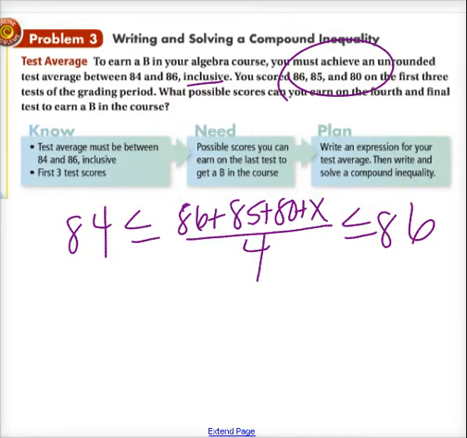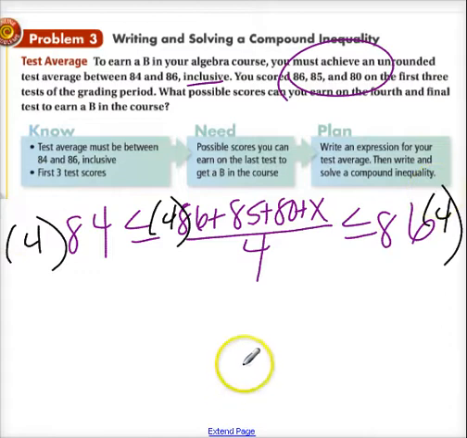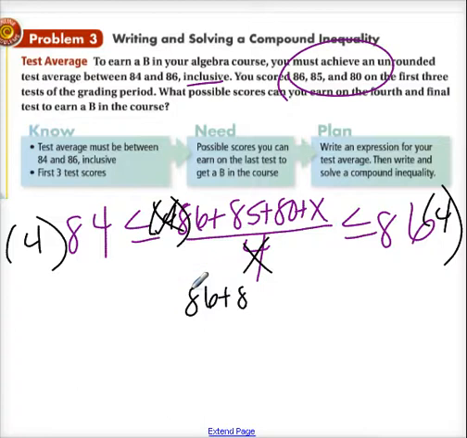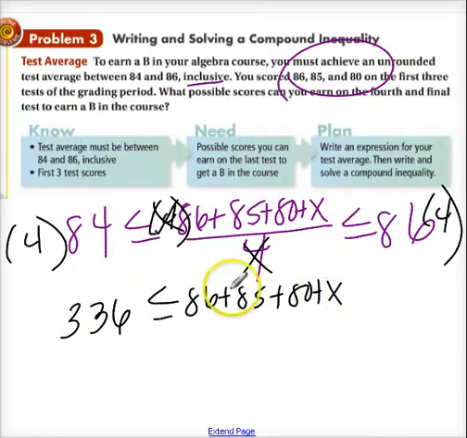All right, so to get rid of the divide by 4, I'm going to multiply the whole middle by 4, the outside by 4, the other outside by 4. So my 4's in here will cancel. I'm left with 86 plus 85 plus 80 plus x, which is greater than or equal to 336, and less than or equal to 344.